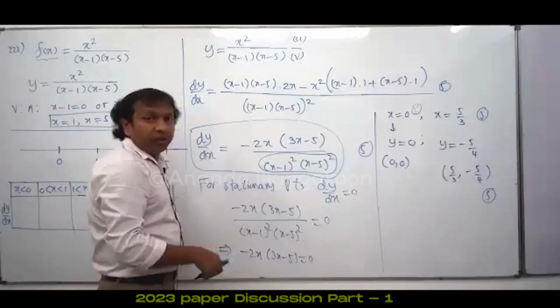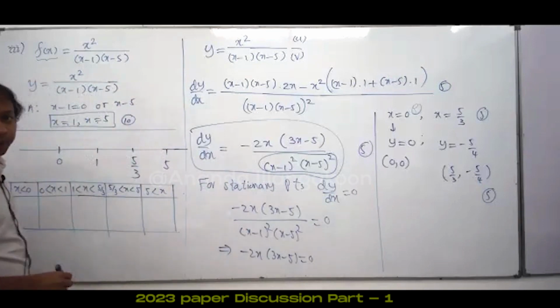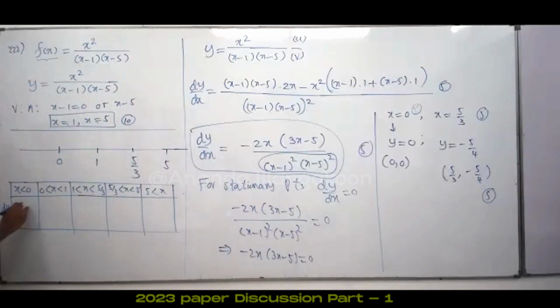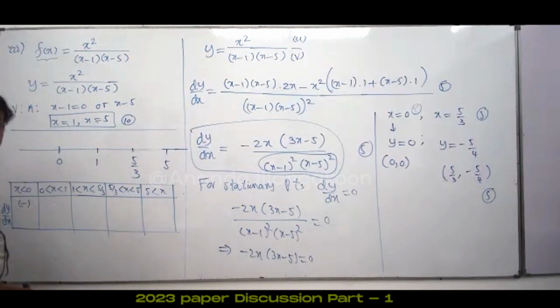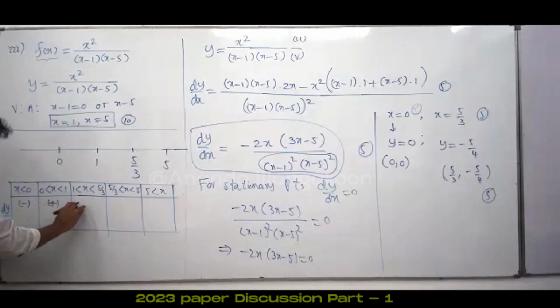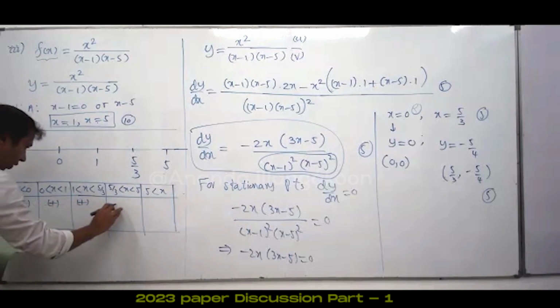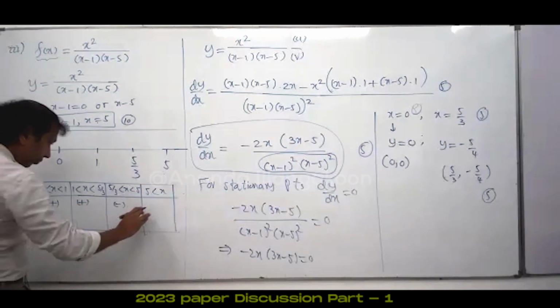Then we get dy by dx negative. Right. So when I take an x value from each interval and put it in, we get the sign of dy by dx in this way. You can do this yourself also when you do this question alone.